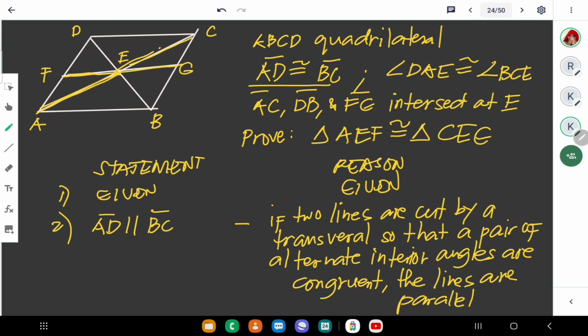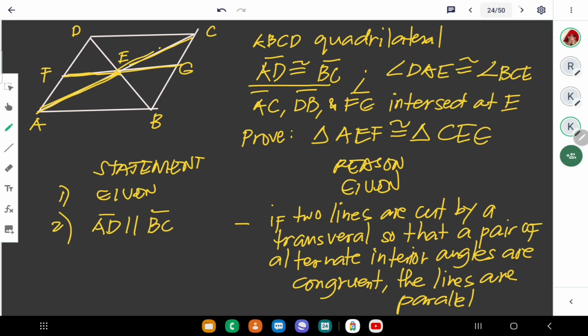We need to prove that those two triangles are congruent, so we need to prove that the sides and angles are congruent. So we can conclude that the two triangles are congruent.